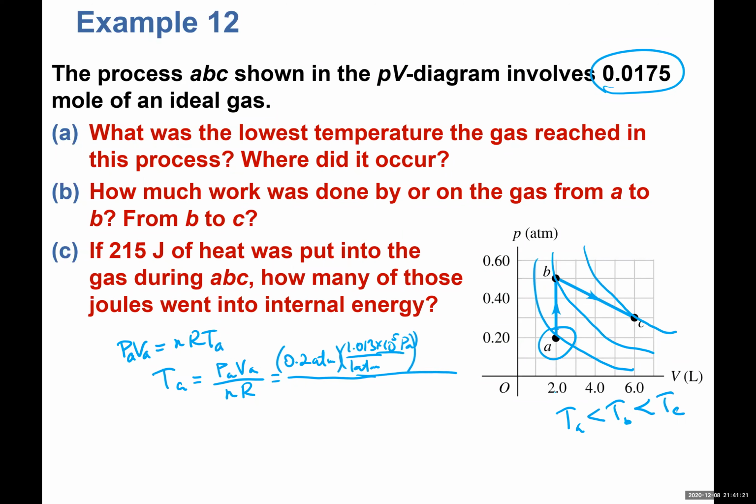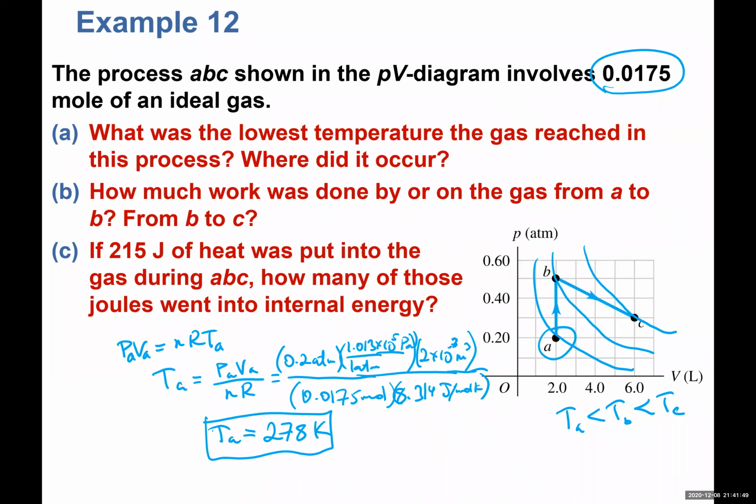And then volume is 2 liters, which becomes 2 times 10 to the negative 3 cubic meters by converting into cubic meters. And then n here is 0.0175 moles. And then R here is 8.315 joules per mole Kelvin. All right, so plugging everything in and calculating temperature, we get 278 Kelvin. That's the lowest temperature. It occurred at point A, and here's the value for that.